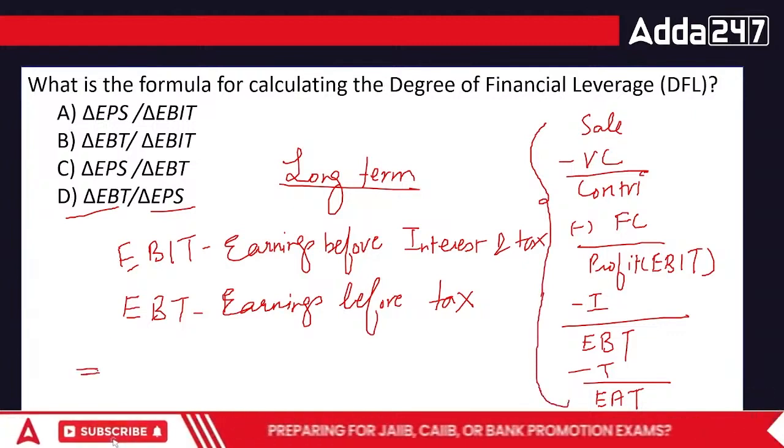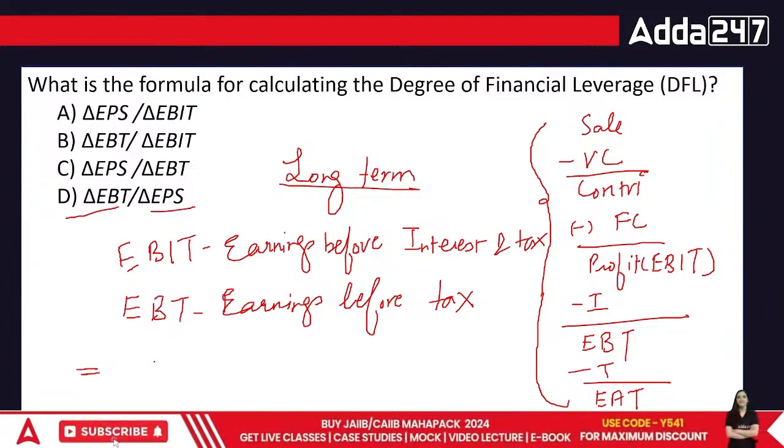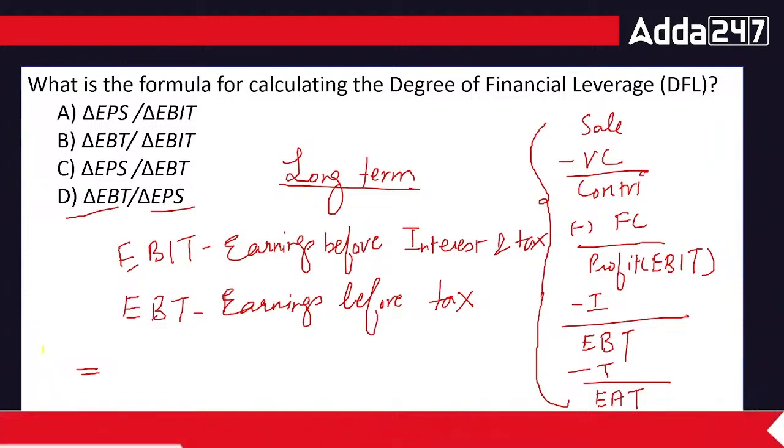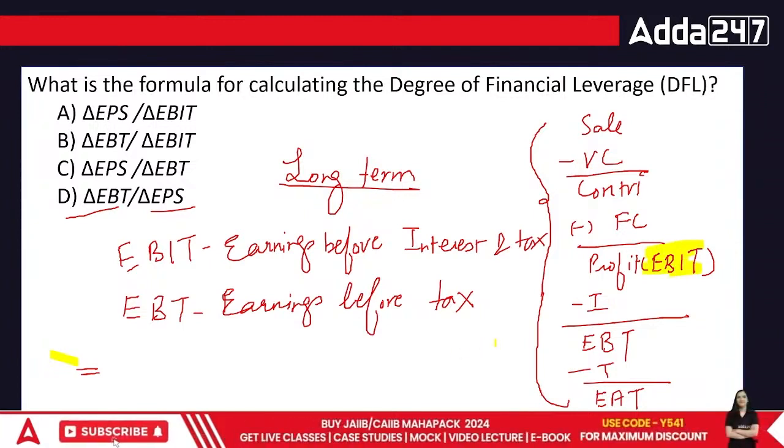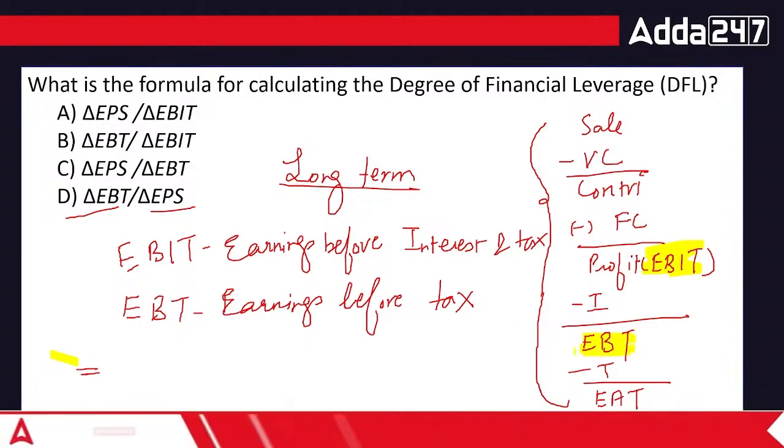And how do we calculate it, everyone? EBIT, EBT. The formula for financial leverage is basically EBIT divided by EBT. Acha, in this case it is written wrong.